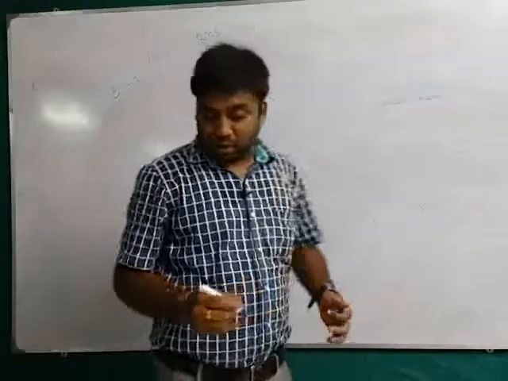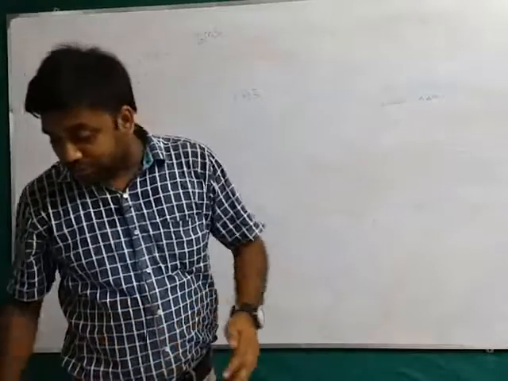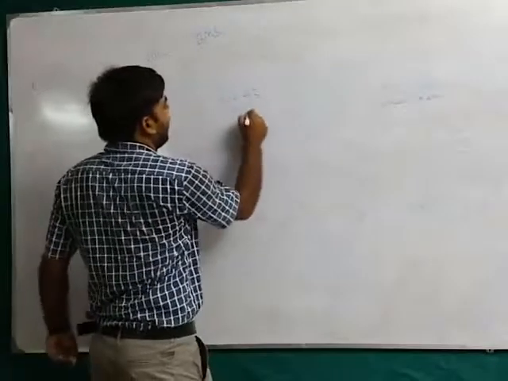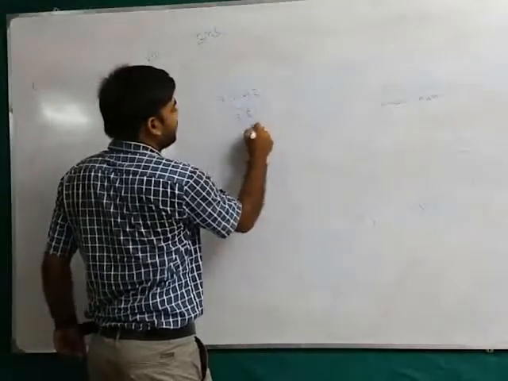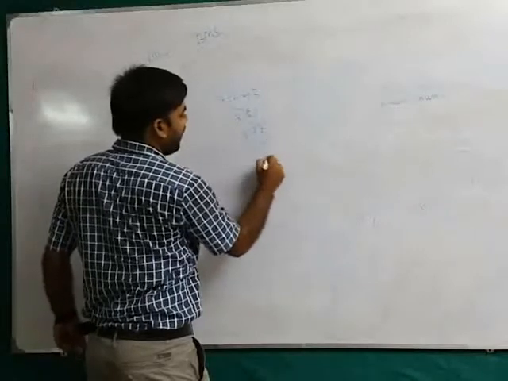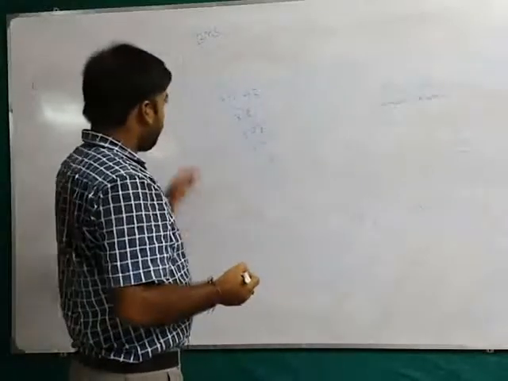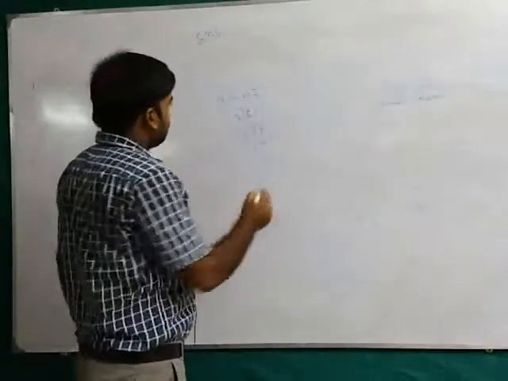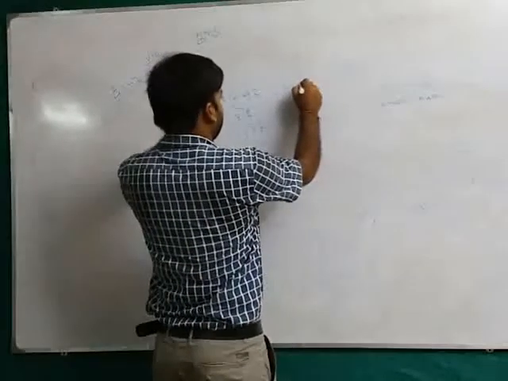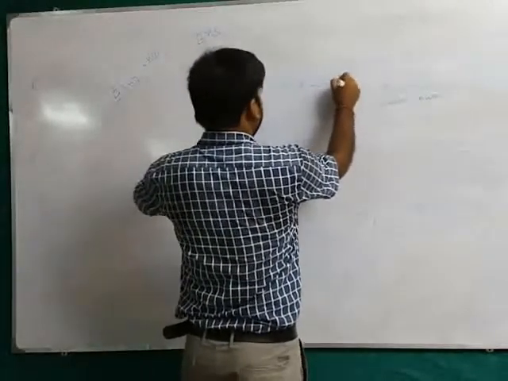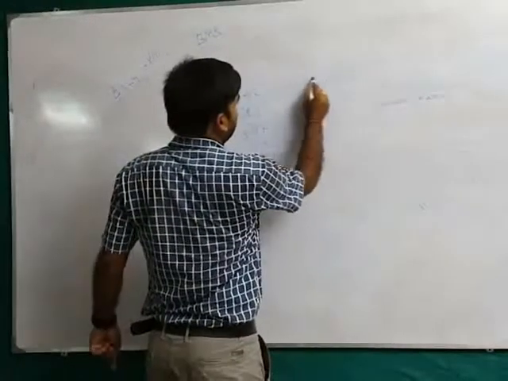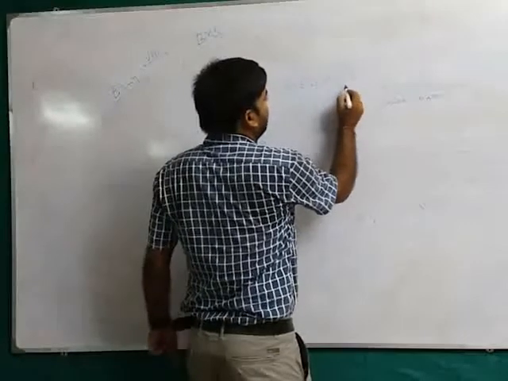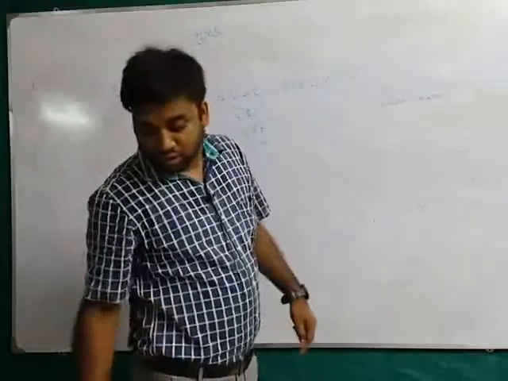First of all, here also we will take the help of prime factorization: 3, 81, 3, 27, 3, 9, 3 and 3. So all the factors are 3. So 243 equals 3 into 3 into 3, 3 into 3. So that is the first triplet, and the other factors, 3 and 3, cannot form a triplet.